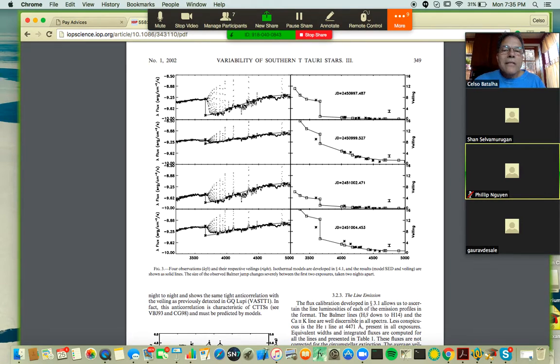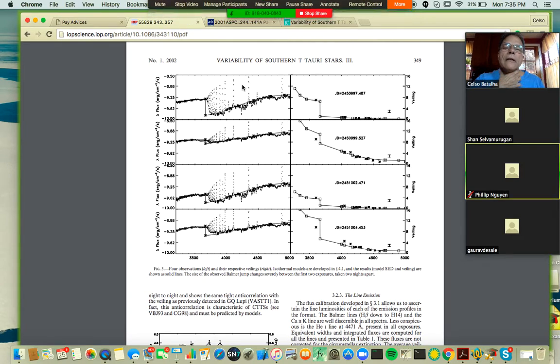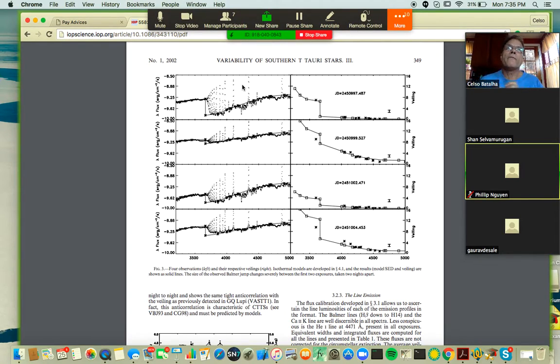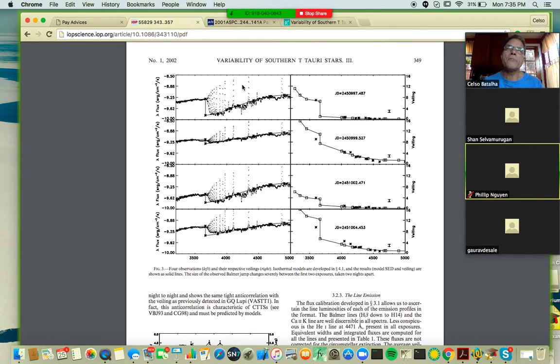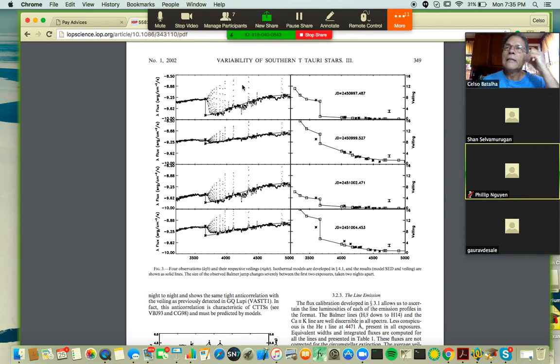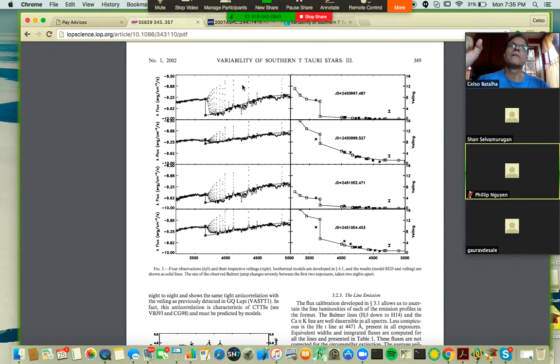What he meant was emission lines. Classical T Tauri stars like TW Hydra, if you look at H alpha and H beta, which are hydrogen lines, these lines show a heck of an emission.